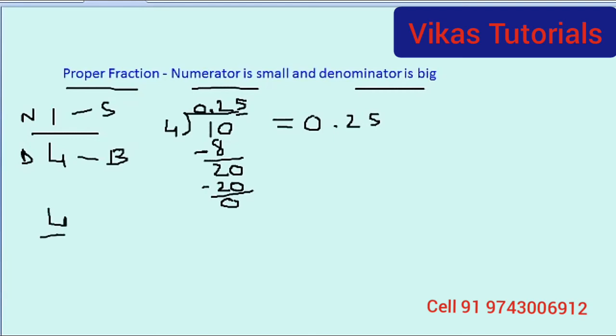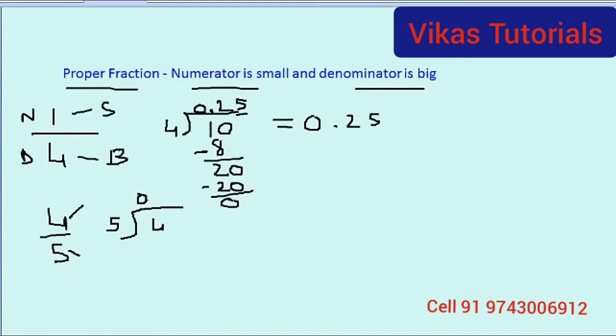Let's take another example. Say 4 by 5. Again here, the numerator 4 is smaller and the denominator 5 is bigger. Let's again perform the long division method. 4 divided by 5. You can see the dividend 4 is smaller and the divisor is bigger.